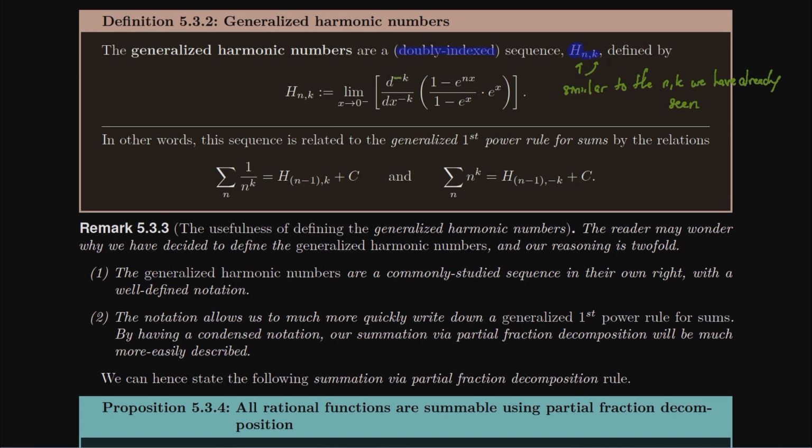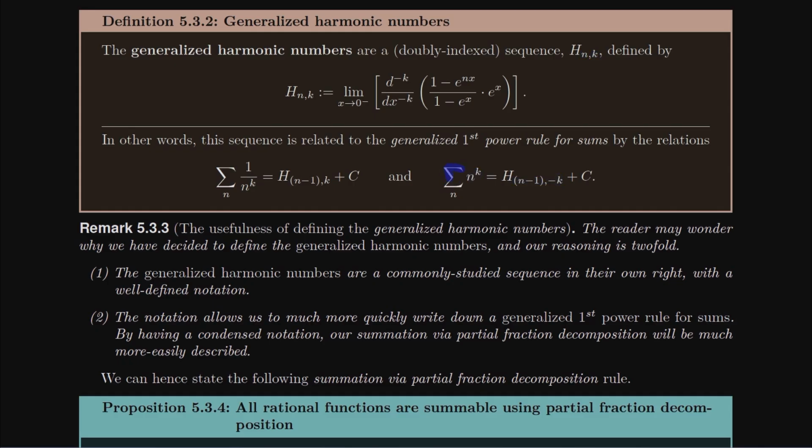Well, we put a negative sign in front of k, and in fact, this function's been modified very slightly. If I decide to distribute this e to both terms there, we find out that really our power rule that we just looked at in that proposition corresponds to an n minus 1 in the first entry of h, and it corresponds to a negative k in the second entry of h. So not exactly the same as each other.